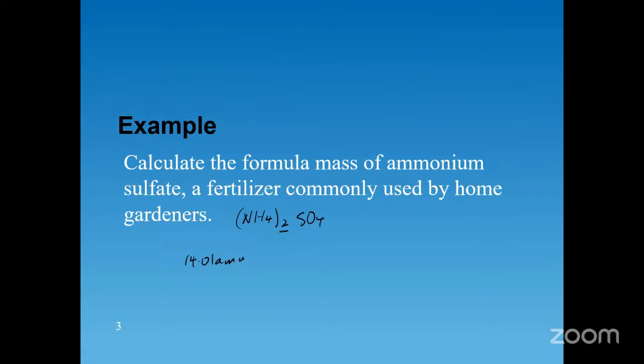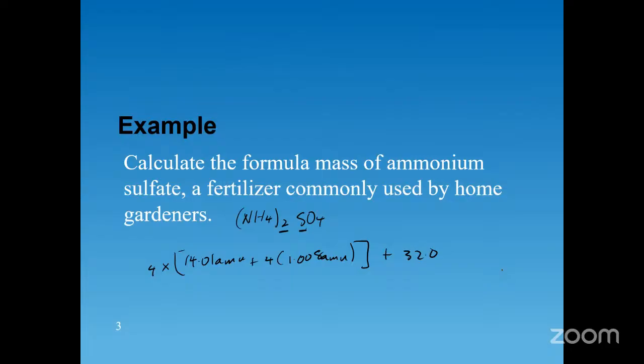But because of this 2 here, you have to multiply by 2. Or in fact, let me do it this way. I'm going to add 14.01 to 4 times 1.008 AMU for the 4 hydrogens, and then multiply all of that by 4. I think that's a bit easier to work with. And then I'm going to add to that the atomic mass of sulfur, which is 32.0, is it 6? 32.06?